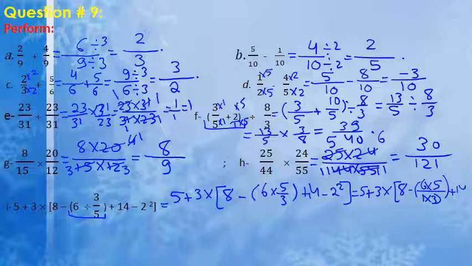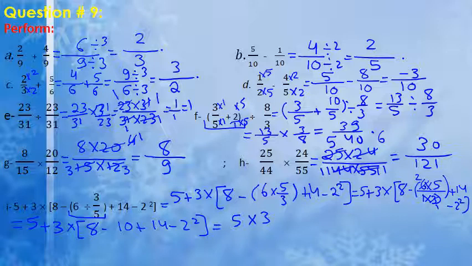Here we reduce by 3: 6 by 3 is 2, 3 by 3 is 1. 2 times 5 is 10, plus 14 minus 2 squared.